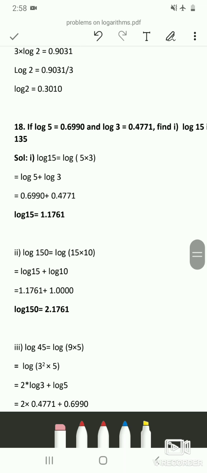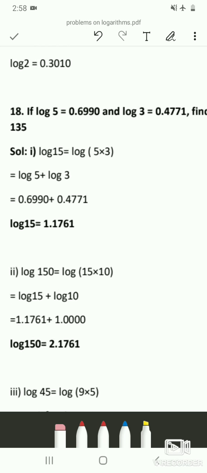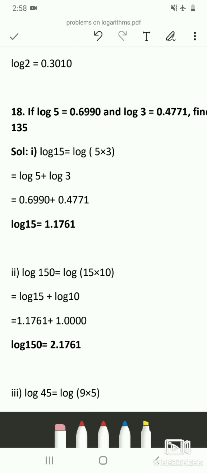So here they have given the values of log 5 and log 3. So let's see the first sub question, that is, using the given terms you have to find out log 15. So 15 can be written as 5 into 3, that is 5 3s are 15. So we know the value of log 5, we know the value of log 3.